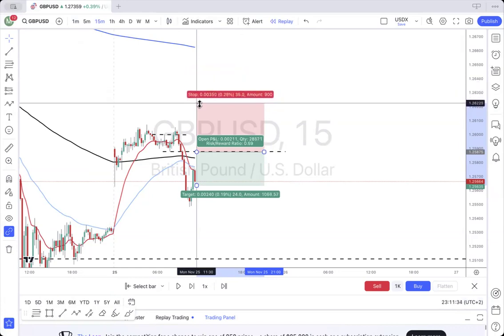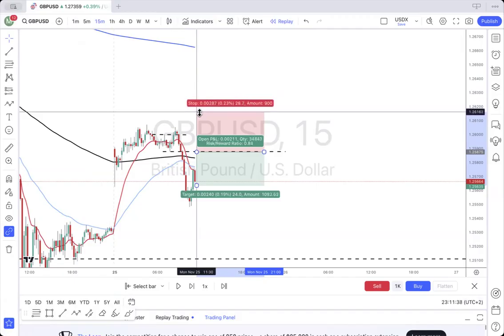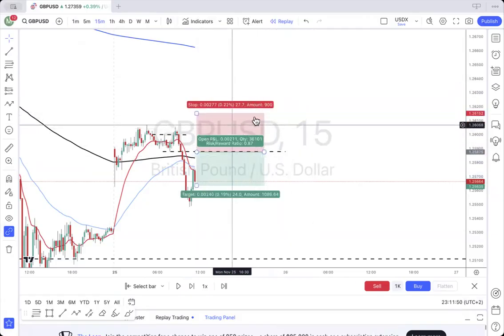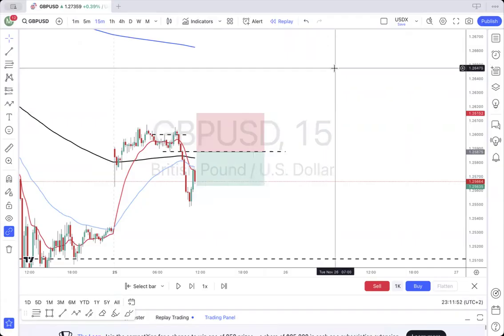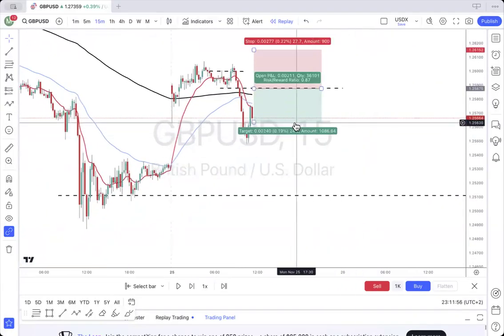I can't remember if it was 150 or 450. It wasn't this close. Let me just put it on 150 for now, because I know that stop loss got missed by a few pips. We'll see how the market will do.